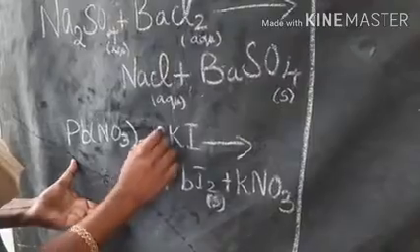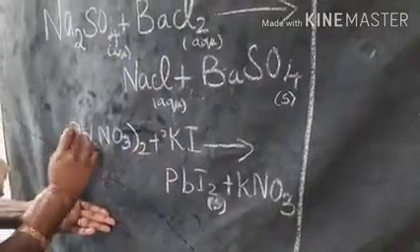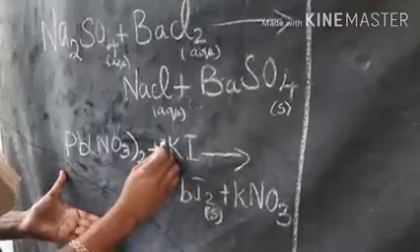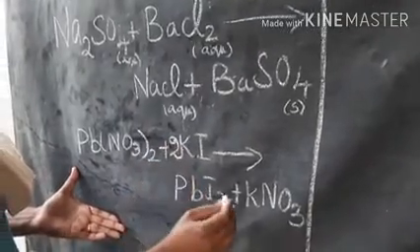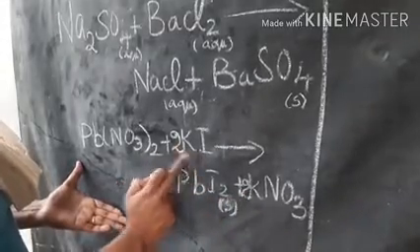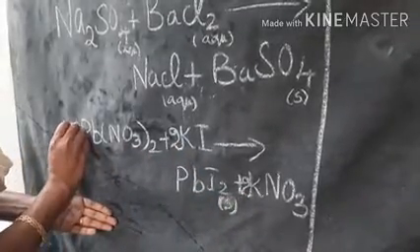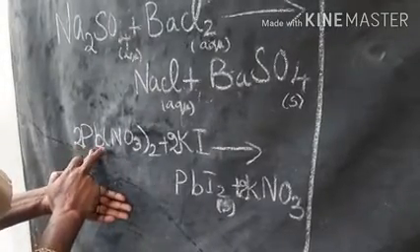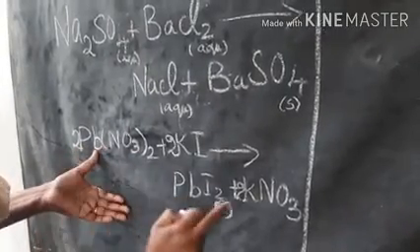So if I am putting here 2, iodine 1, here iodine 2. So this side iodine 2, you are putting 2 here and here also you are putting 2, potassium 2 but nitrate 1. So you have to balance it. Lead is 2, here lead is 1.